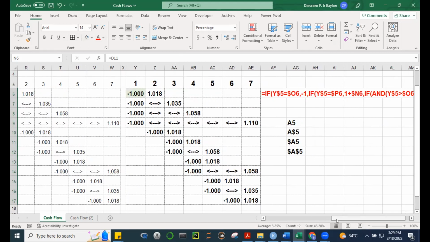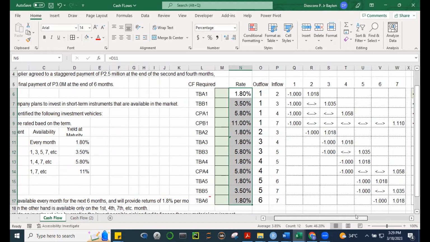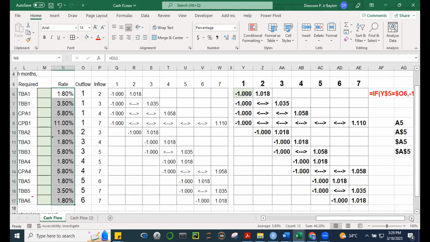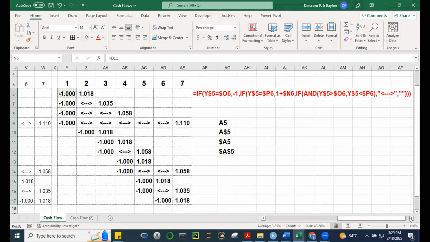Because I want my formula, wherever I copy it, not to move from this column. It can move along other rows, but it should only be at column N because the rates are here. So it really depends on what you want. It depends on how you're going to copy the formula.